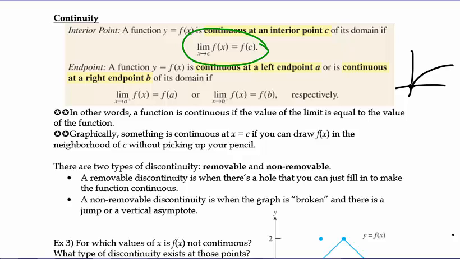Yes. If we have endpoints, mathematicians aren't idiots. We like to make things make sense. So if something stops and there's nothing afterward, then we just ignore that side of the limit and make sure that the function equals the other side of the limit, and then it would also be continuous. All right. Graphically, it's continuous if you can draw it without picking up your pencil, and it's continuous if the value of the limit is equal to the value of the function.